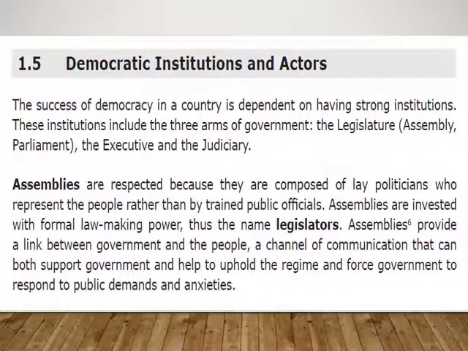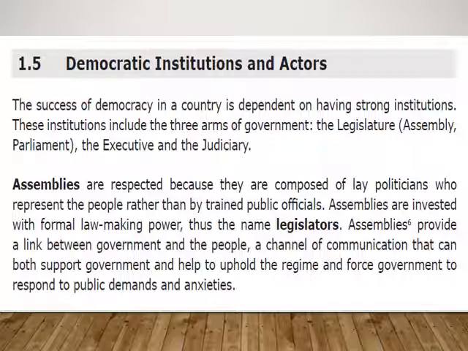Democratic institutions. The success of democracy in a country is dependent on having strong institutions. These institutions include the three arms of government, as we said before: the legislative aspect, assembly, parliament, etc., the executive, and the judiciary. Assemblies are respected because they are composed of lay politicians who represent the people rather than trained public officials.